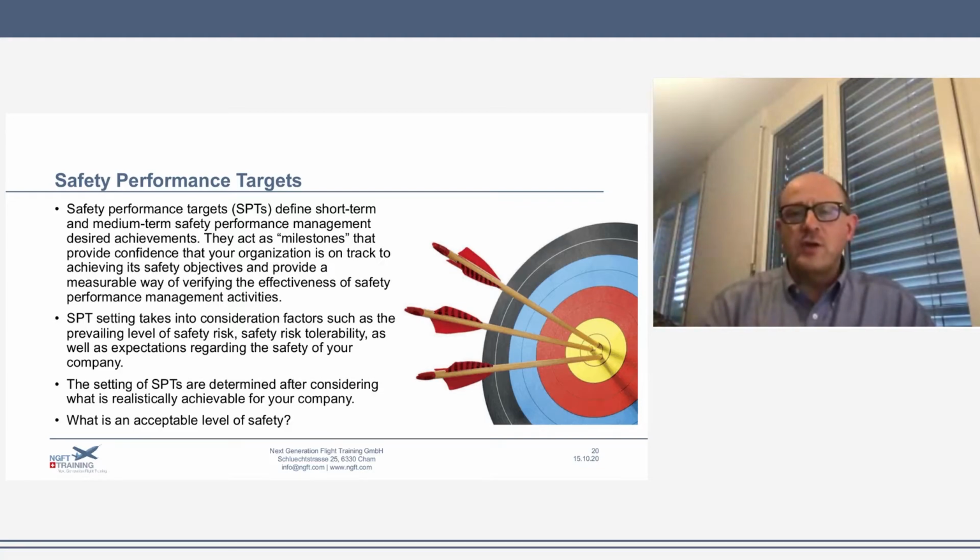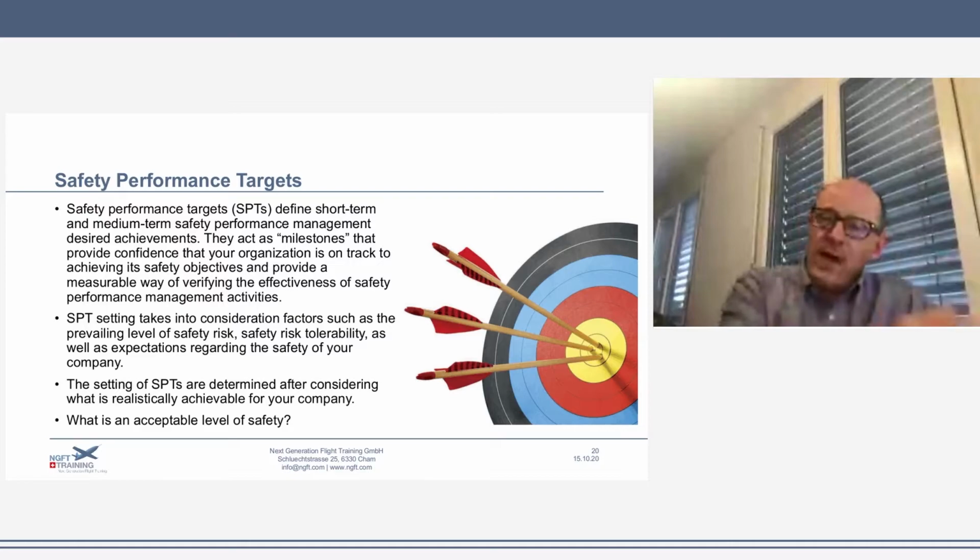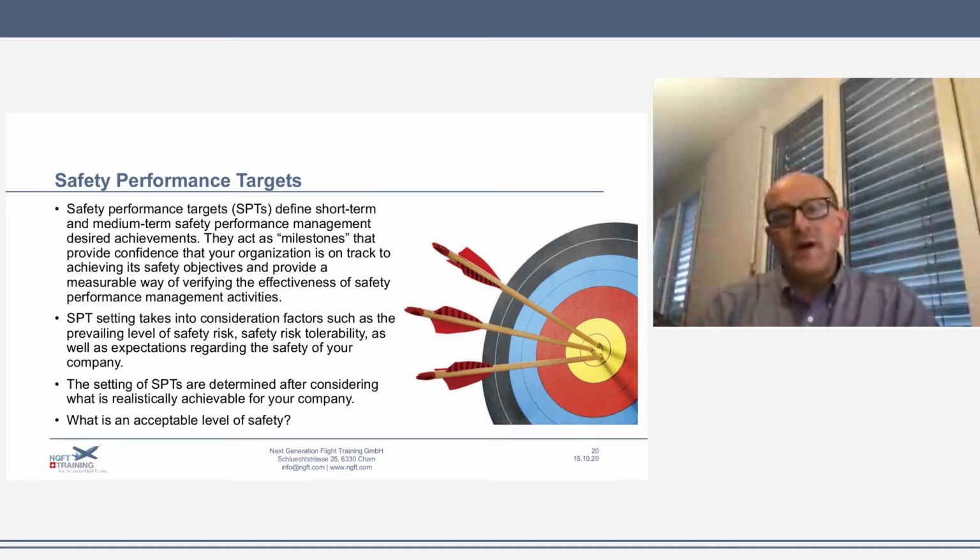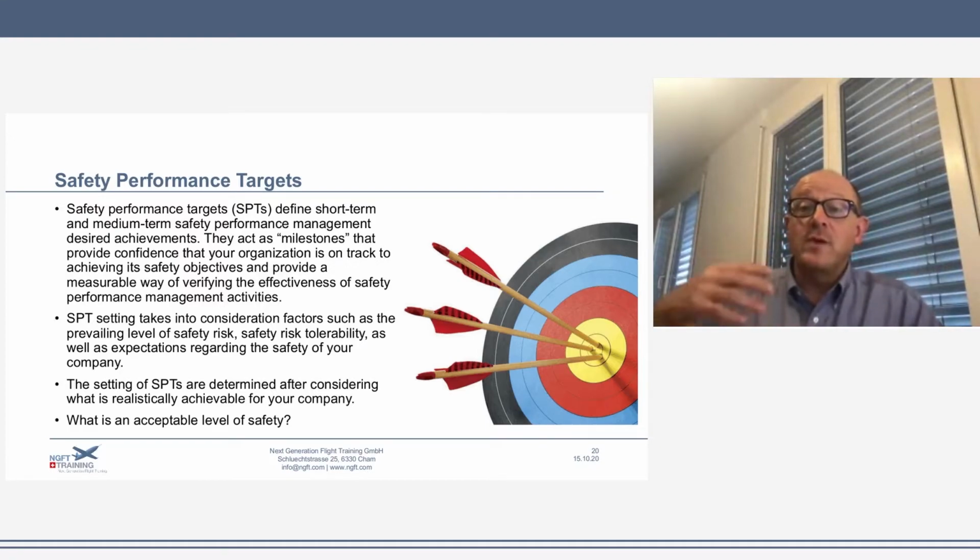Should it be twice a year? Should it be a regular course? If 70% of our people do the course, that's the target. So now we are able to measure something, and then we have to define what we want to achieve. That's the short and medium term safety performance management. They allow us to see whether we're on course or not.